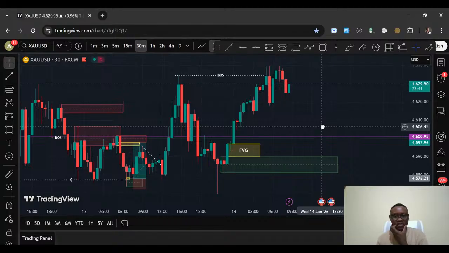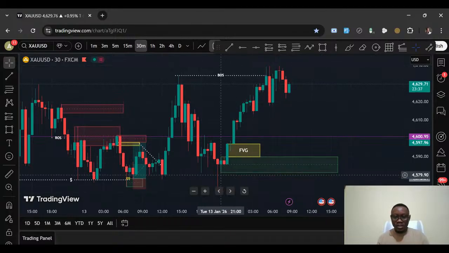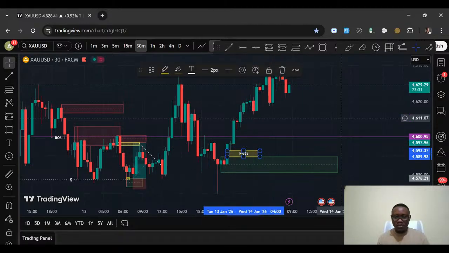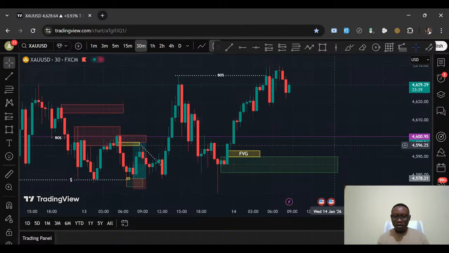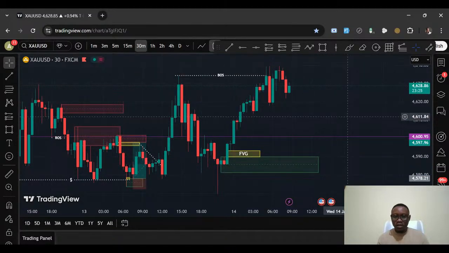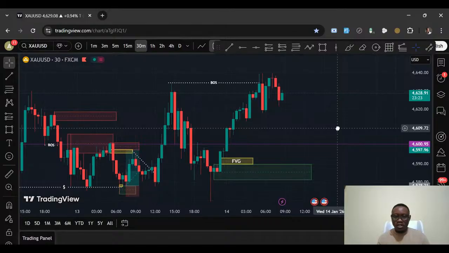I can see another order block zone. This is okay, but this is our new fair value gap for the 30-minute time frame. And here is our order block. Now I can see a fresh order block zone, which we can mark out as well.